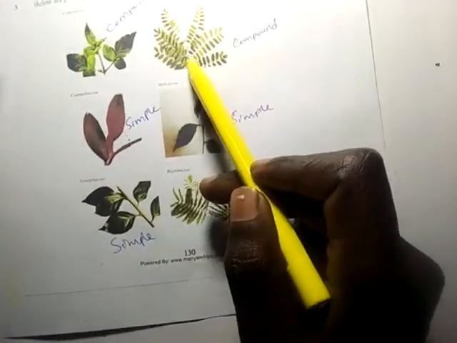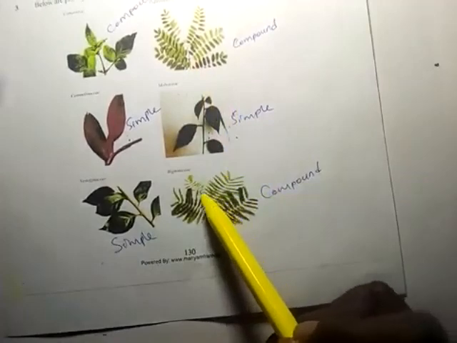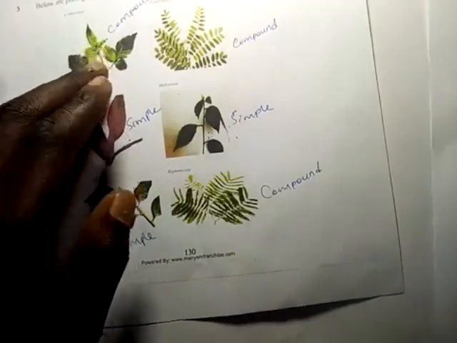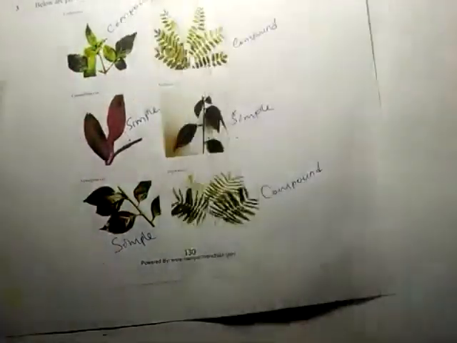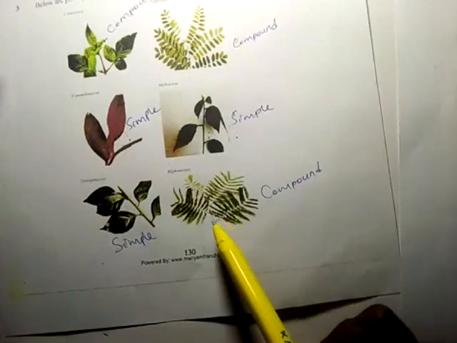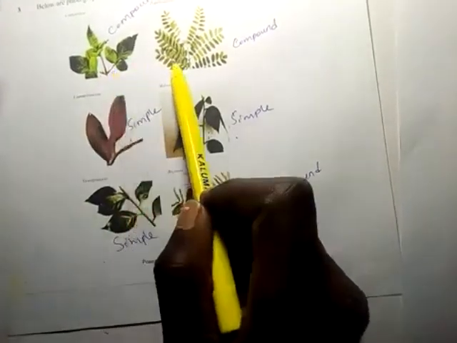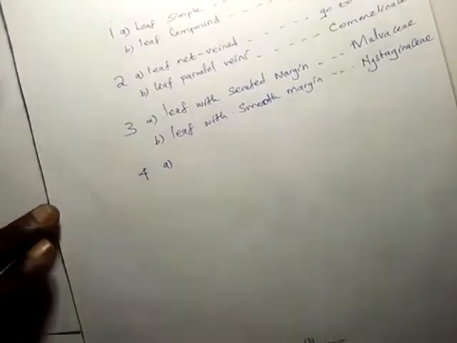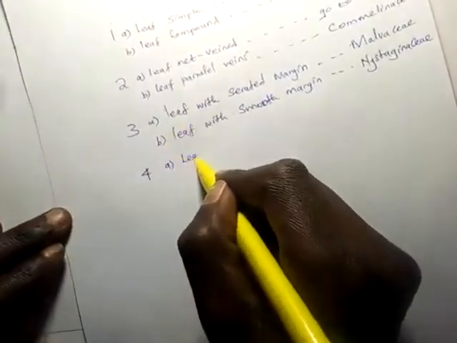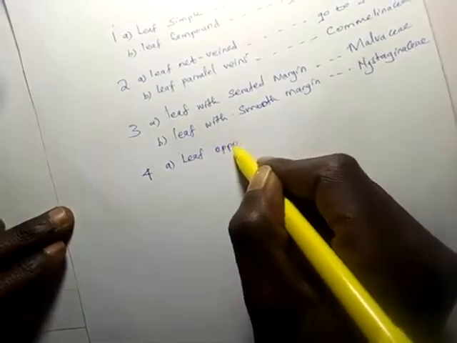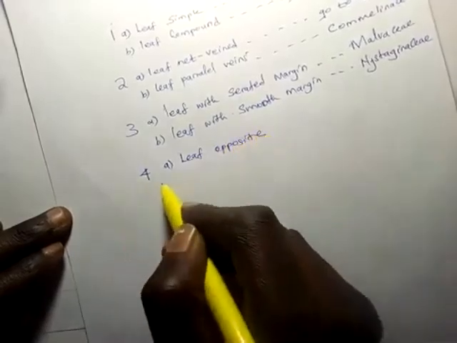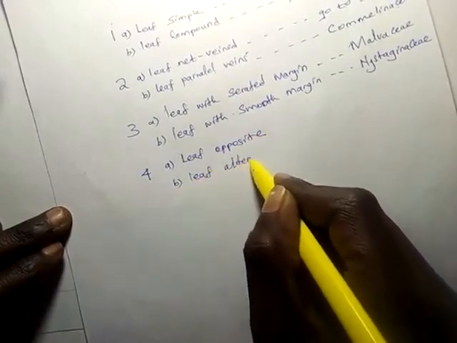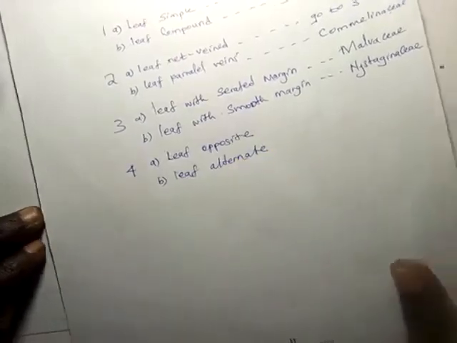These are the opposite and these are alternating. I will say even this is opposite and this is alternating. Only one is alternating, which is this one, but these 2 are opposite. I will say leaf opposite, and B, leaf alternate.